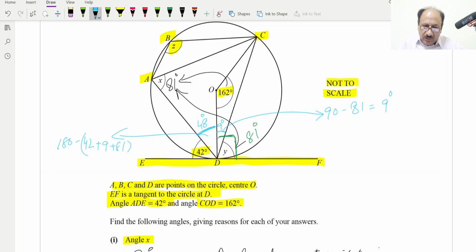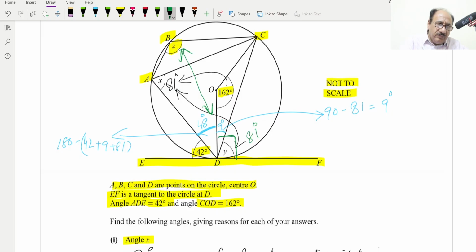Now we are trying to reach Z. We can figure out one more thing, that this angle Z and this opposite angle are two opposite angles of a cyclic quadrilateral. So this will be adding up to 180.